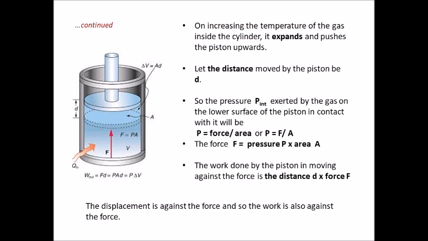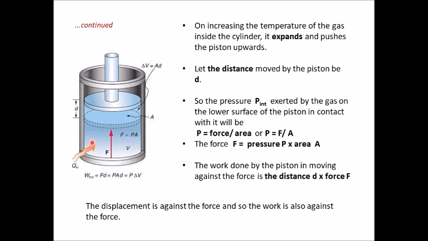Once we increase the temperature by heating the gas inside the cylinder, then we find that the gas molecules gain in kinetic energy and the gas expands. It pushes the piston upwards, and let us say now the distance the piston has travelled due to the gain of energy by the gas molecules is this small d.